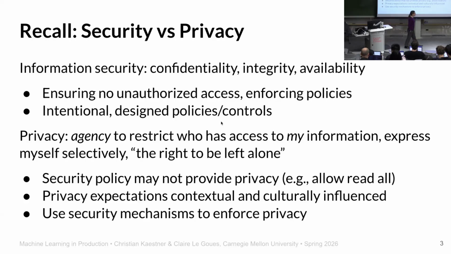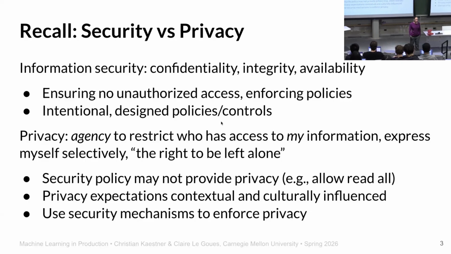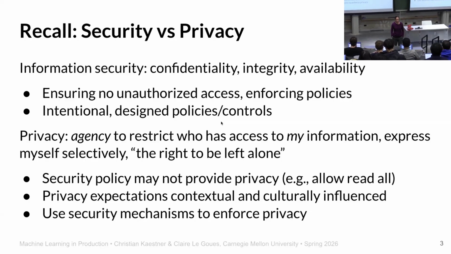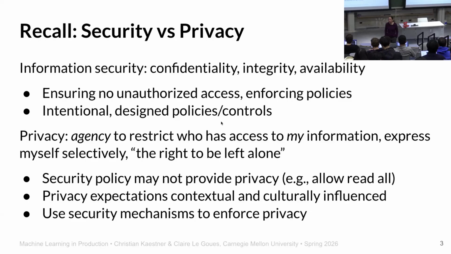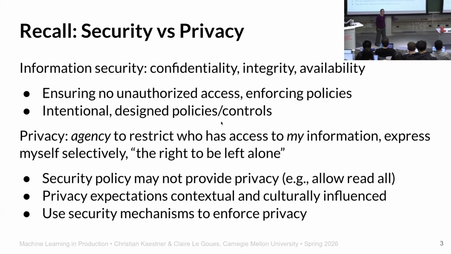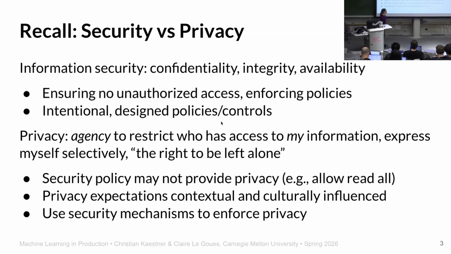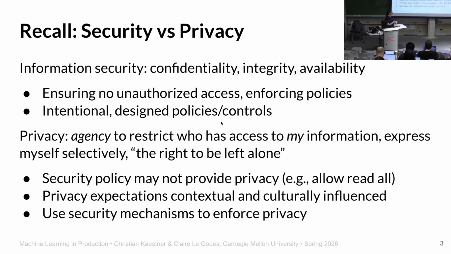Security policy may not provide privacy, right? It's not really concerned about the same thing. Sometimes security attacks can have implications for privacy, like if data is accessed in an unauthorized fashion. And so they're not truly orthogonal, right? It's not like they're totally unrelated, but they're not actually the same thing, even though we tend to talk about them together, largely because we often use security mechanisms to enforce privacy.